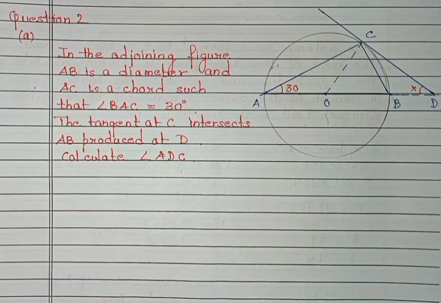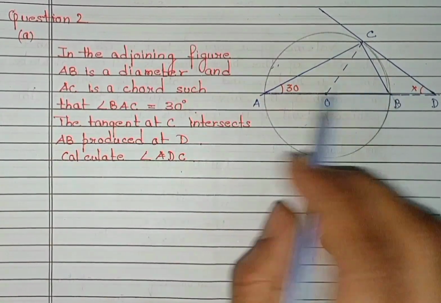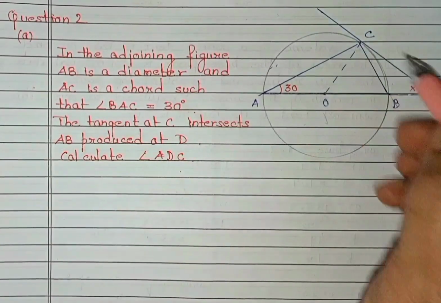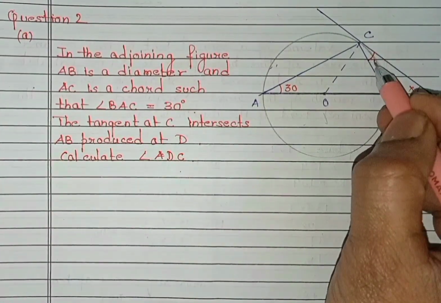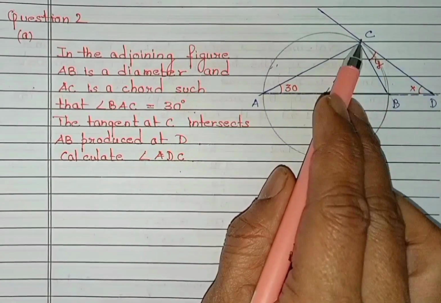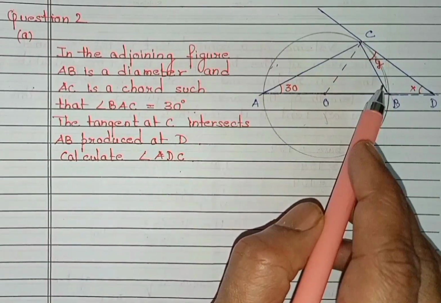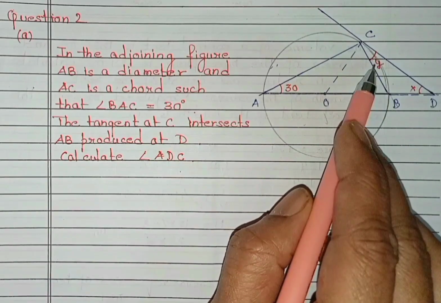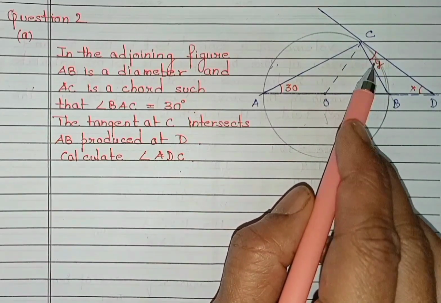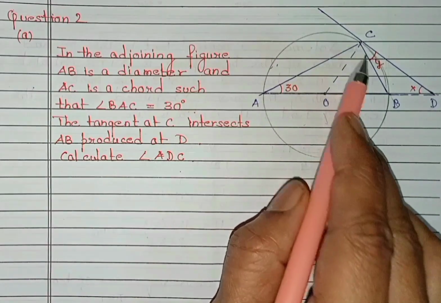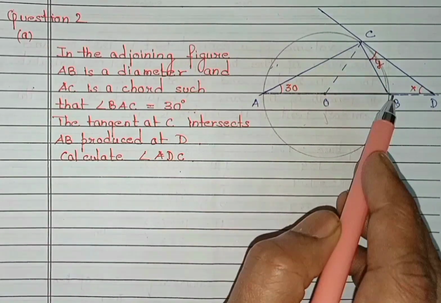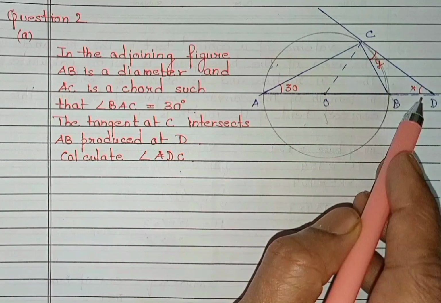Now let's see, first of all you can say, now if you see this angle, this one, this is the angle which is formed between a tangent and a radius. This angle Y which I have marked, as you can see, it is the angle which is formed between the chord CB and the tangent CD.